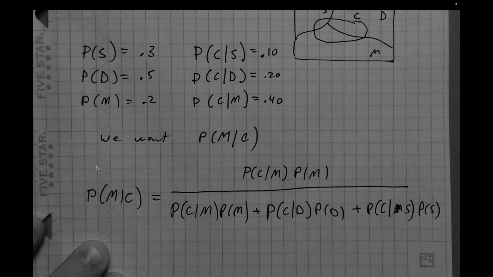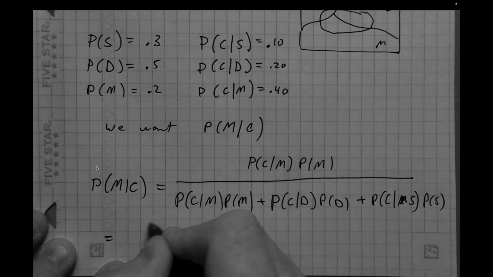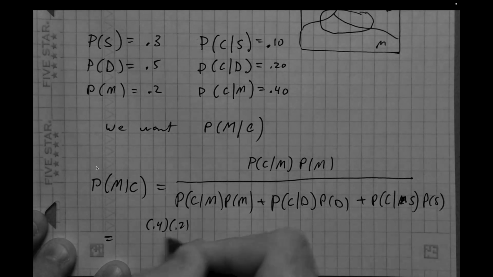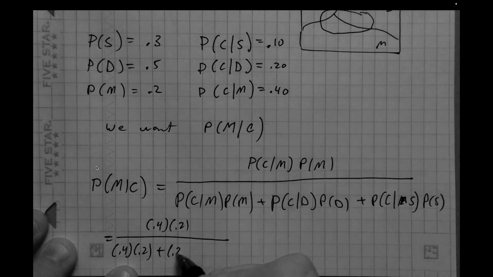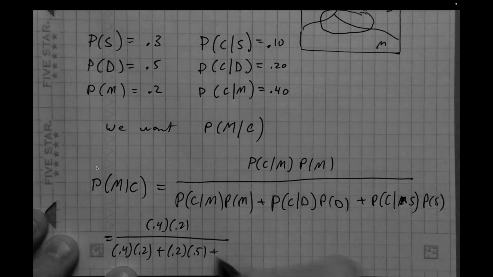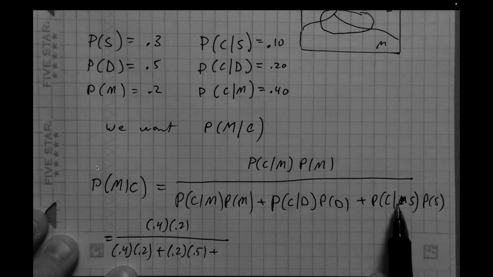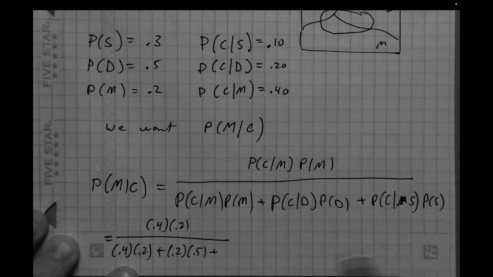Okay. And so we have all these numbers, right? They're all given to us. So 0.4 times 0.2 up top, and then 0.4 times 0.2 on the bottom, plus 0.2 times 0.5. So this is 0.2, this is 0.5, and then this guy over here is 0.1 and 0.3.